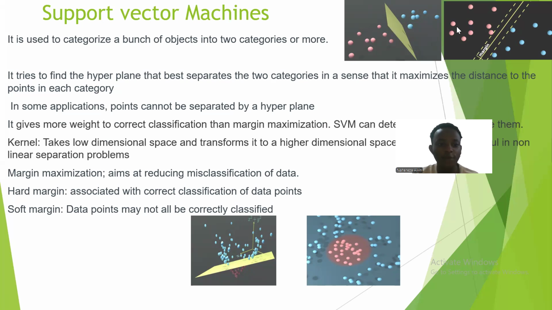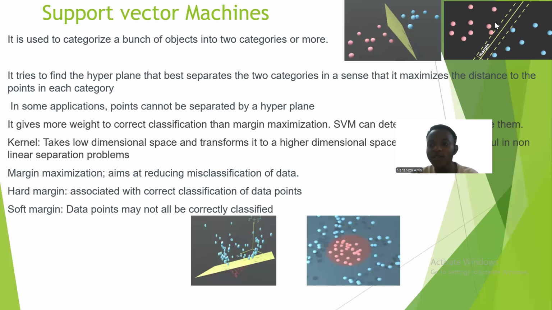It tries to find the hyperplane that best separates the two categories in a sense that it maximizes the distance to the points in each category. The distance I'm talking about in this case is this margin. It maximizes the margin. As you can see, I've illustrated the margin. And talking of the margin, we have hard margin, and this is associated with correct classification of data points.